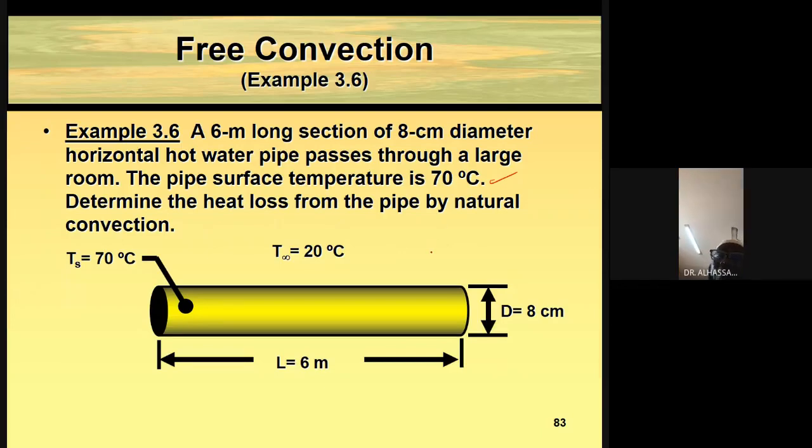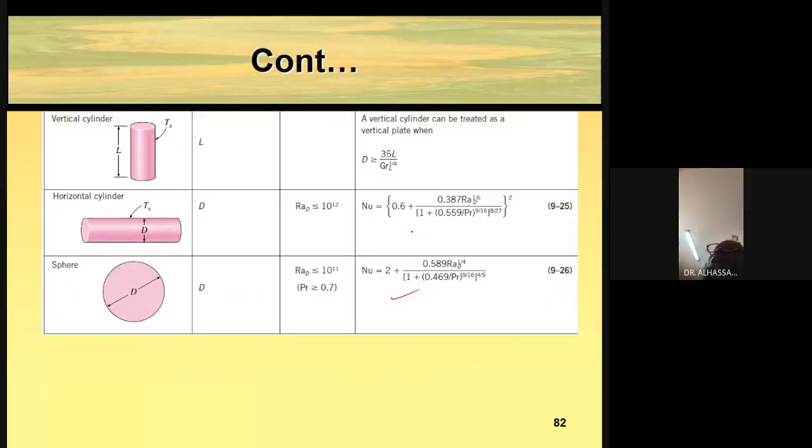So here, you are not supposed to find Reynolds number because Reynolds number will not give you any good information. First thing is to determine the Grashof number. If you find the Grashof number, then based on this equation, you are going to select the appropriate Nusselt number to determine Nu.